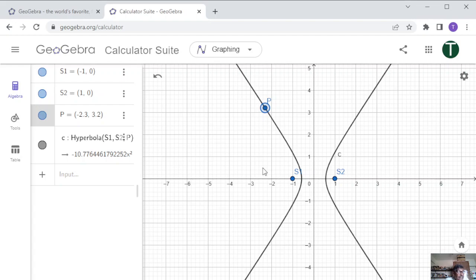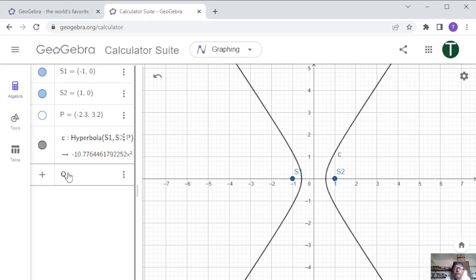Now the next thing I am going to do on this hyperbola is define a point which will be restricted to this hyperbola only. So how to do that? Take any point, say Q, a point on the hyperbola.